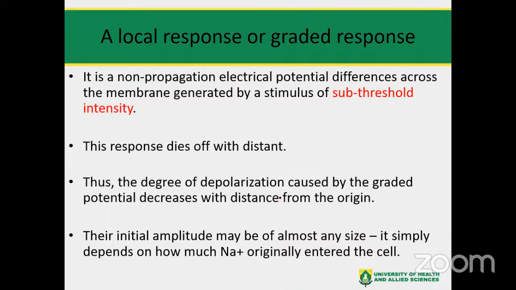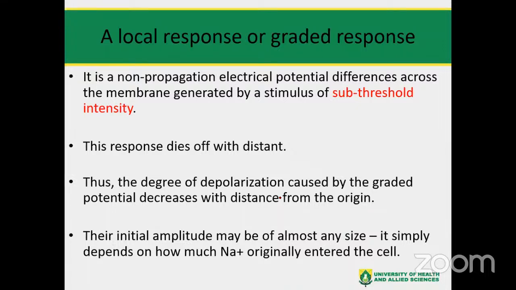So that's how we said a graded response or local response is a non-propagated electrical potential difference across the plasma membrane generated by a stimulus of sub-threshold intensity. There are some key things we should pick here.